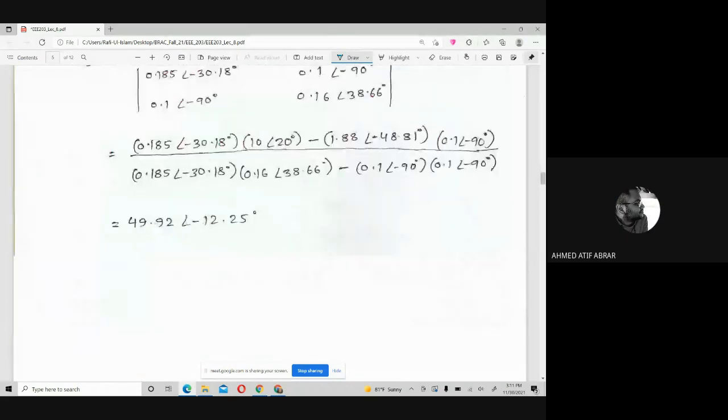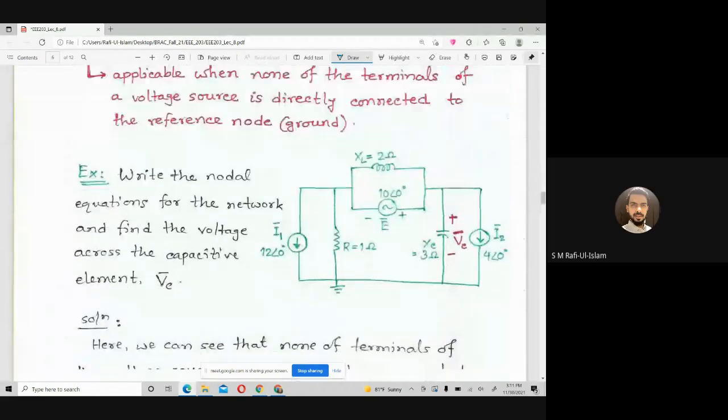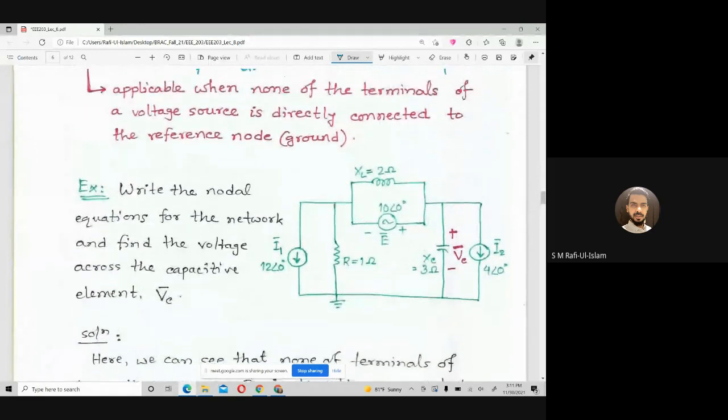Yes, sir. Perfect. If you understand the concern, here we have a circuit, and in this circuit you can see there is a voltage source that is creating all the problems. Let's say this is node one, and this is another node, node two. But node one and node two are connected by a voltage source, so we don't know which current is passing through it.